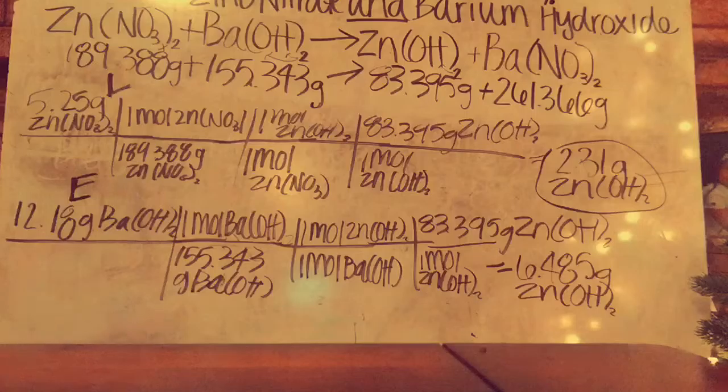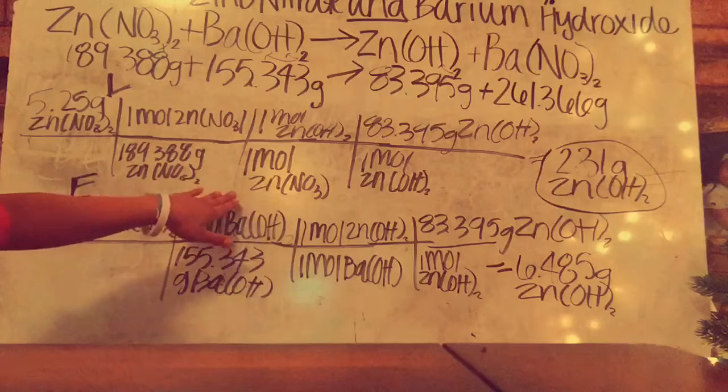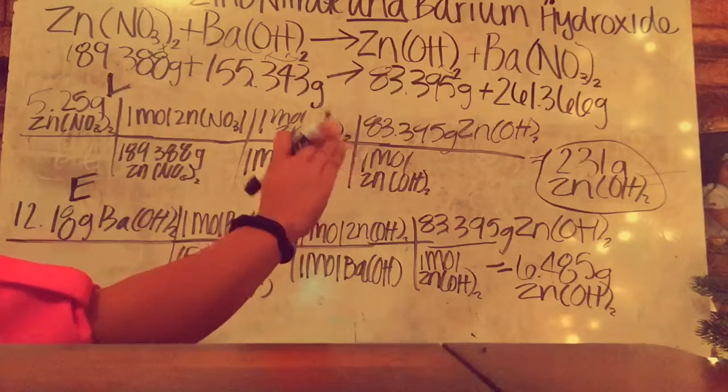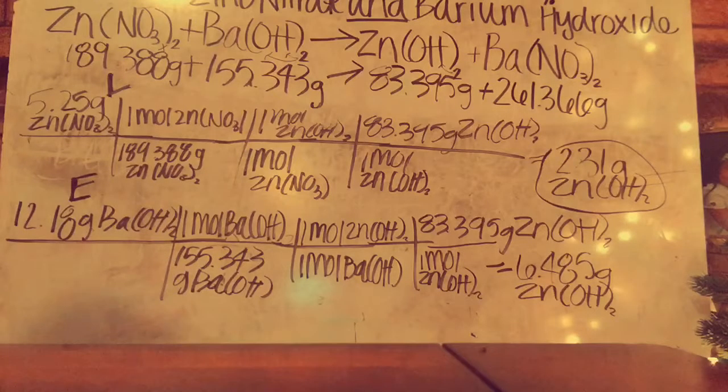So my next part is going to be our theoretical yield and our percent yield. Our theoretical yield is basically what we got from the equation that is supposed to happen. But we need to know the actual percent of how true we have gotten that. So I have been given the true amount of 2.29 grams of zinc hydroxide. And I'm going to do it down here.